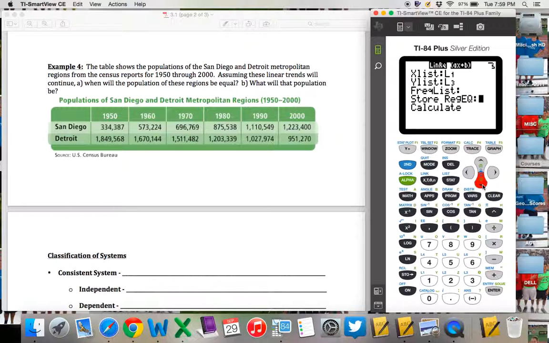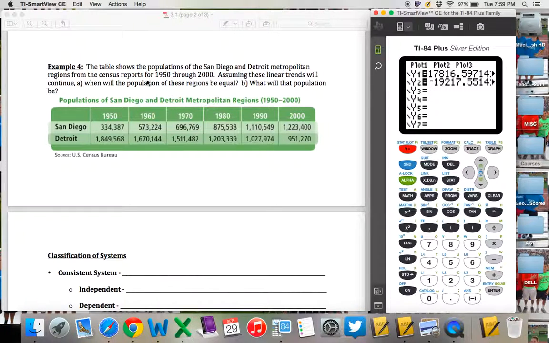Okay, this time when I go to my store regression equation line, I'm going to again do vars yvars, and this time when I press enter, I want to put this line into my Y2. I don't want to overwrite Y1 because Y1 has San Diego's data in there. So I need to hit enter on Y2. And again, go down and calculate. And now my lines are in my y equals, as you can see. There are my two lines.